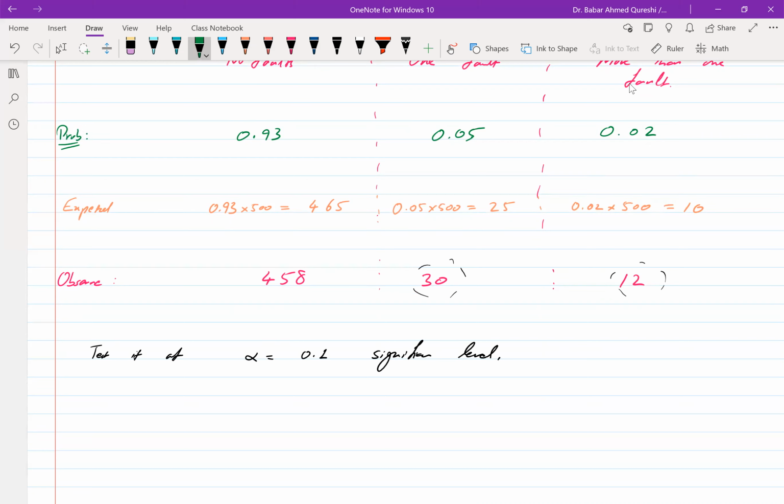So again, you have three categories. So you're going to compute chi-square, which will have 2 degrees of freedom. And you take your expected minus the actual, divided by the expected. This is the expected number.